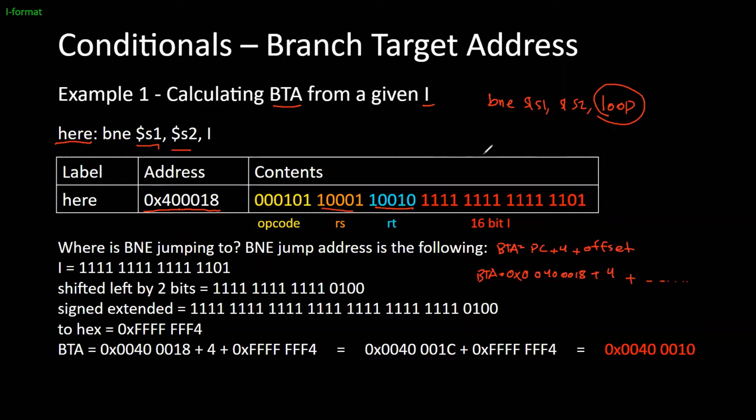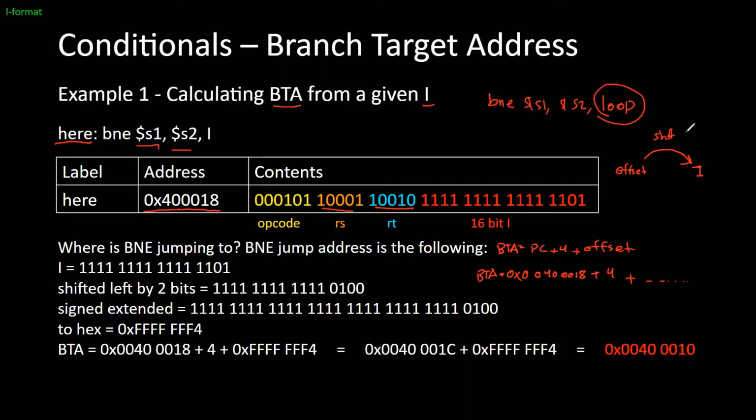So we said that if we have offset and I, there is a relationship between them. If you want to go from offset to I, remember, I is the compact one, so you are dividing by 4 or shifting to the right.